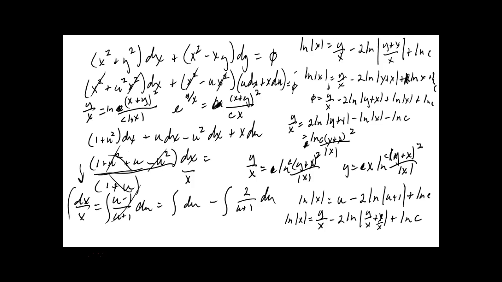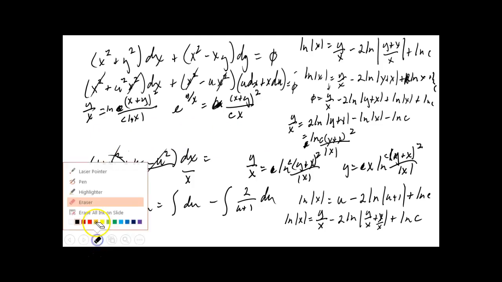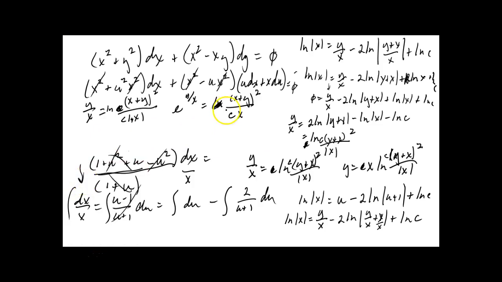Now, what they do now is multiply, finally, to get in the form they wanted, which any of these forms are fine. You don't have to get it in this final form, but I was just showing you all these answers are equivalent.